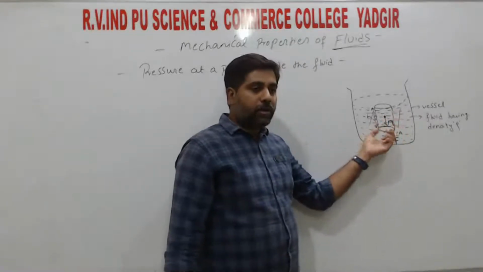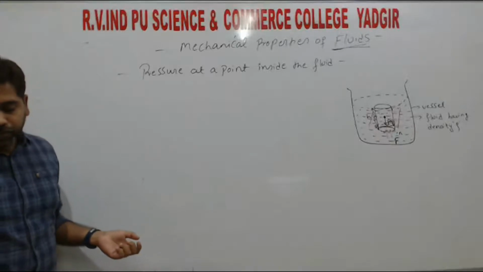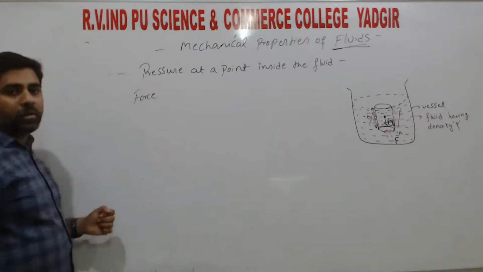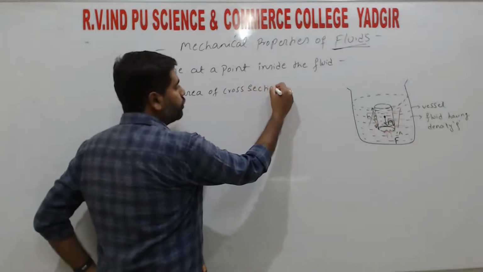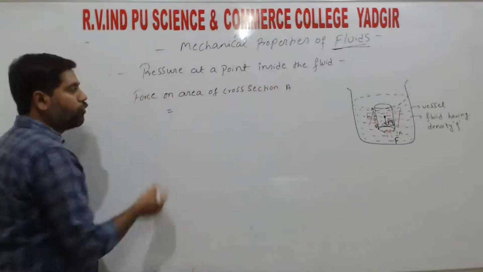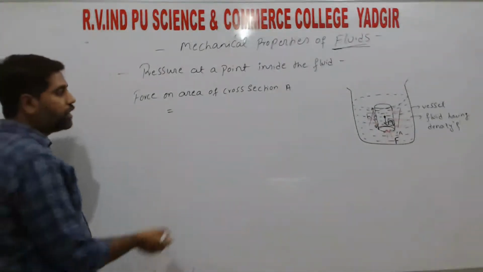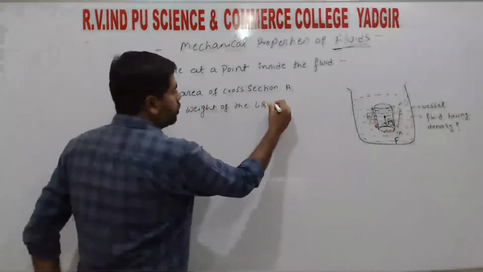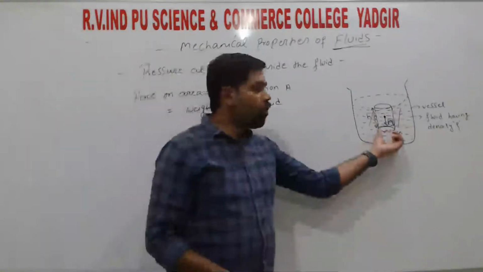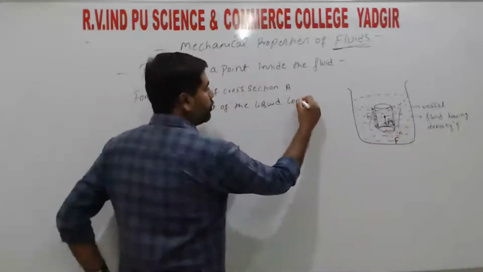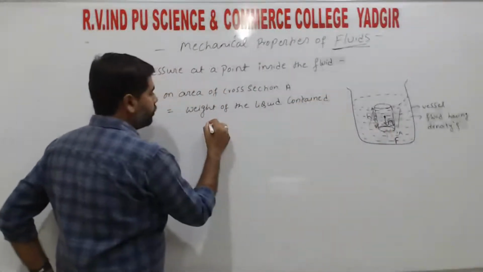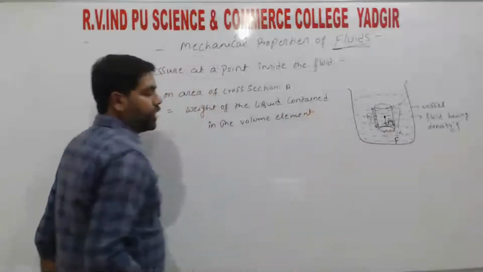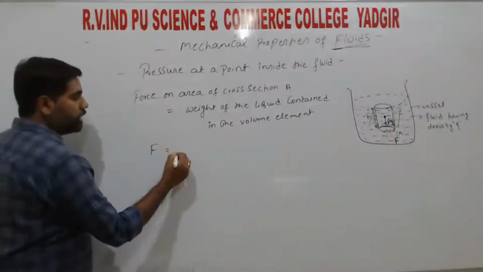So in equilibrium, for the fluid volume element, we can write the force on area of cross section A is equal to the weight of the liquid contained in the volume element, right? So that is force F, which equals the weight of the liquid.